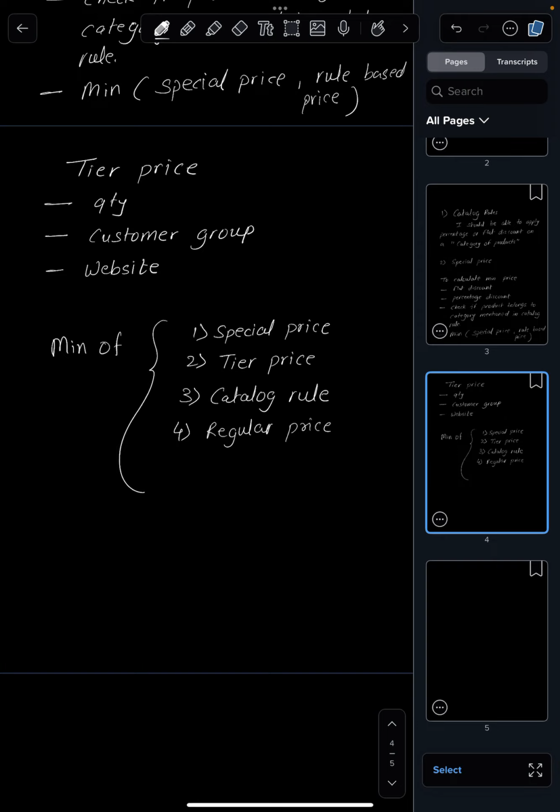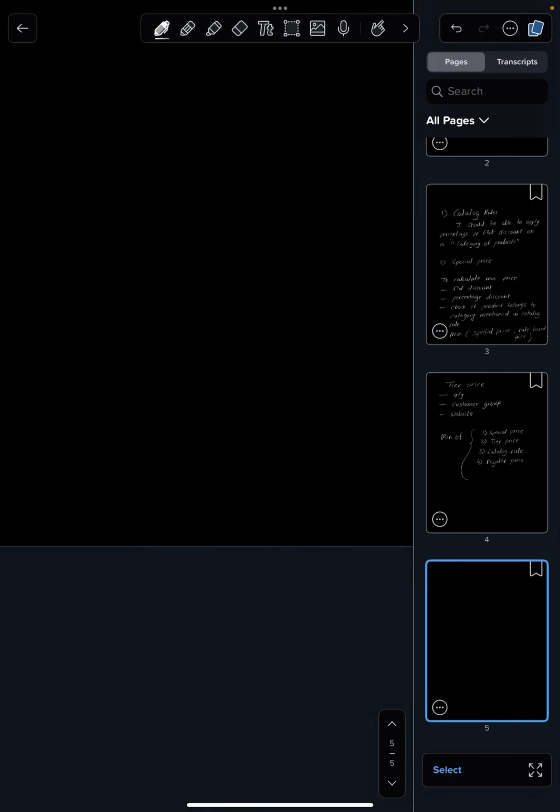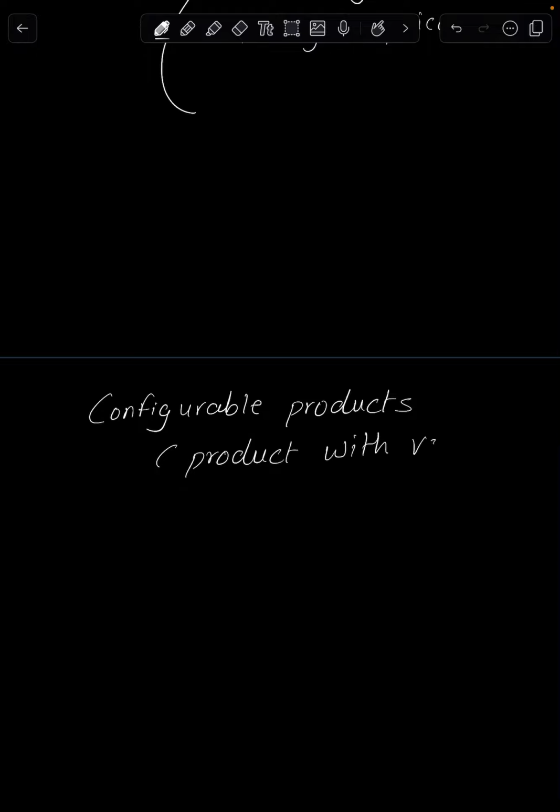This is the pricing, but in Magento, we also have configurable products, right? Configurable products with variations. I'll just write product with variations.